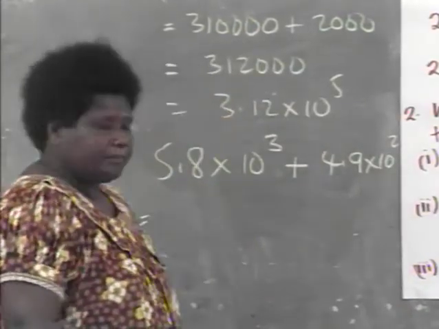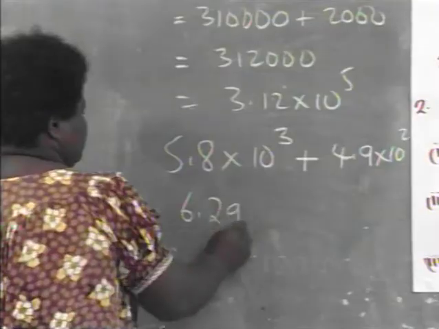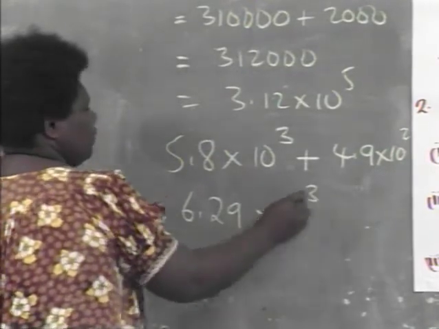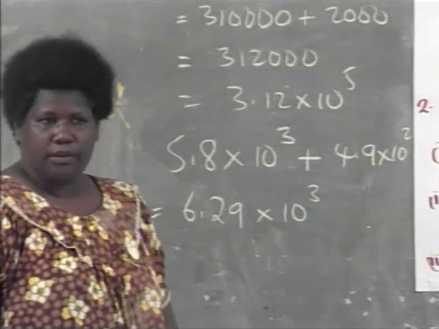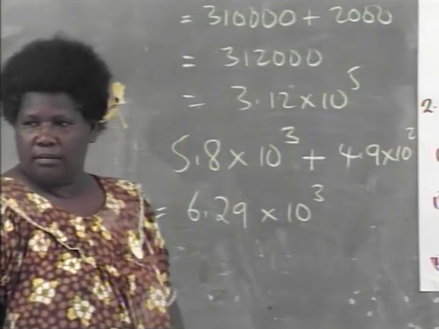6.29 times 10 to the power of 3. 6.29 times 10 to the power of 3? All agree? Okay. Those who divided? Livingston.